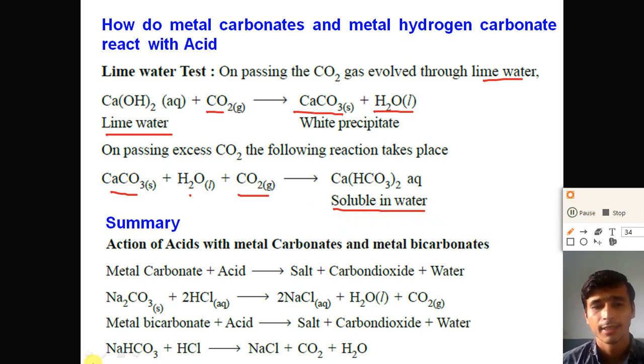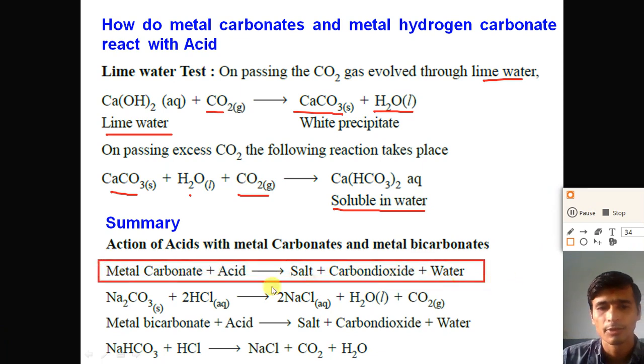So dear student, let us take the summary of this activity. When an acid reacts with metal carbonates or metal hydrogen carbonates, it produces a salt, carbon dioxide and water. So remember this. For example, sodium carbonate Na2CO3 reacts with hydrochloric acid HCl and gives the salt NaCl, water H2O and carbon dioxide.